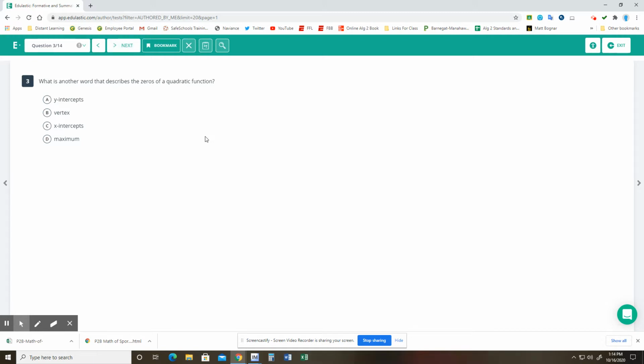Looking at number 3, there's nothing to be written here, so I'm just going to verbally talk about this one. What is another word that describes the zeros of a quadratic function? Every time I've talked about the solutions to a quadratic function, I've mentioned the 4 different ways that you could name the answer. One of them being solutions. You could also call them roots.